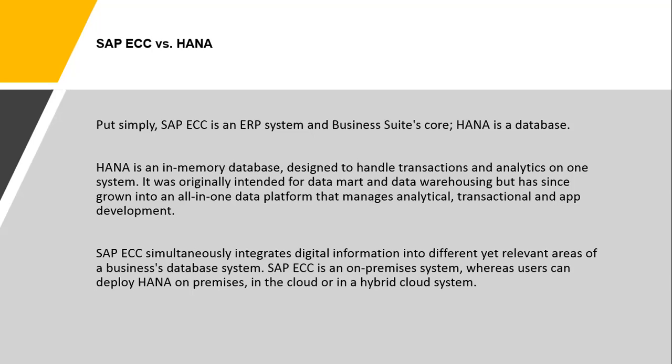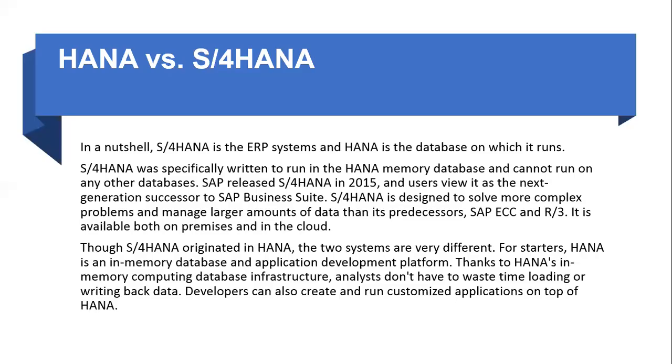The HANA database can be deployed using 3 different routes. It can be deployed on premise, it can be deployed in the cloud, and you can also have a hybrid version of both the cloud and on premise. In a nutshell, SAP S4 HANA is the ERP system.